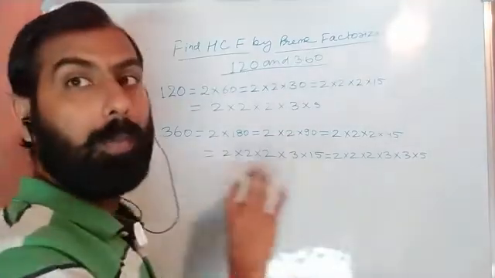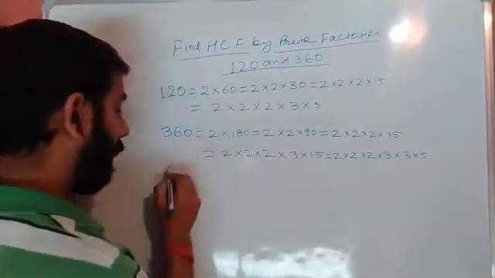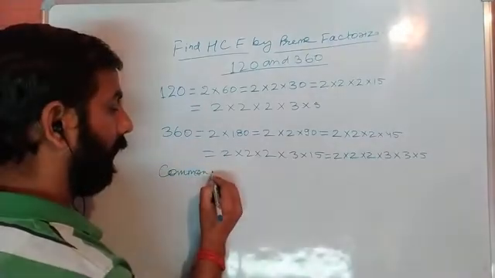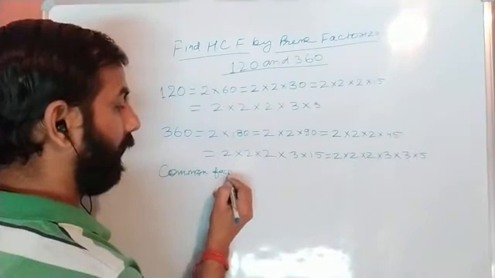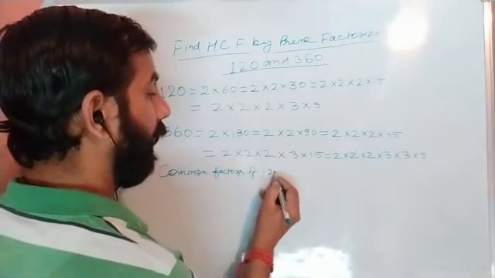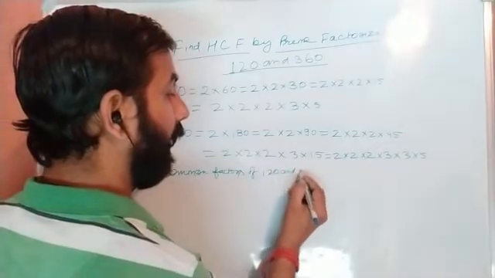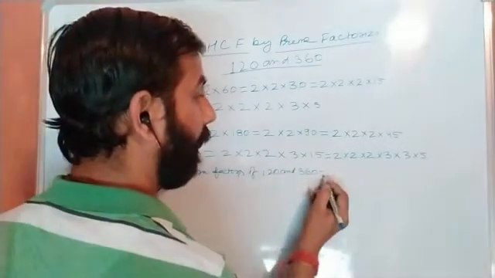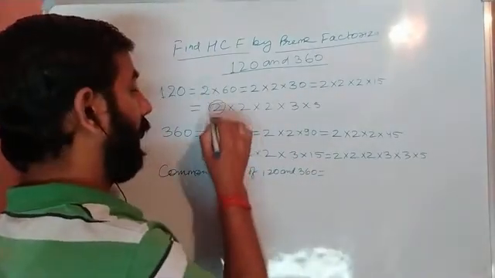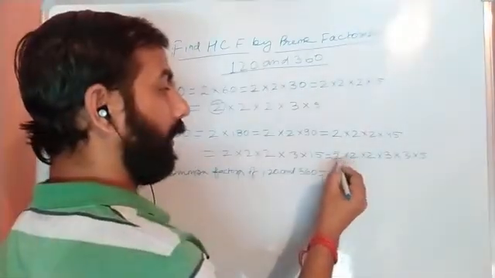Now we will find the common prime factors of 120 and 360. Which is common? Here is 2, in 360 also there is 2.